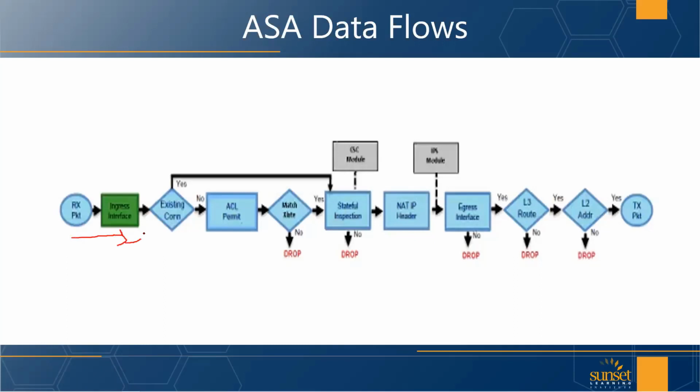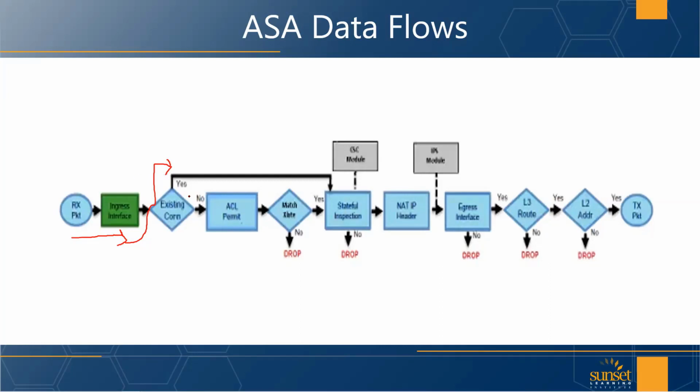It says, "Is it an existing connection?" In this case, yes. What has happened is that the first packet of this flow, because this is a stateful firewall, went through the permit and the match, and then through the stateful inspection process. We log it back as an existing connection. It basically gets a flow ID.